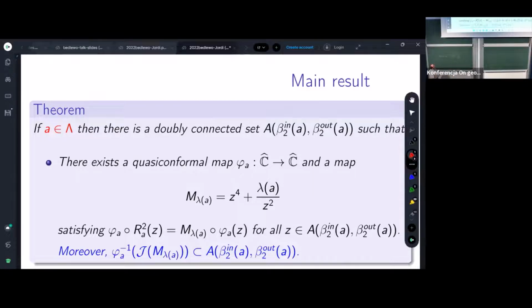If A is in Lambda, then there is a doubly connected set such that there exists a quasi-conformal conjugation of the map R squared. So we have the map R squared semi-conjugate, by a certain quasi-conformal map phi, with a McMullen map of the form z^4 plus lambda over z^2.